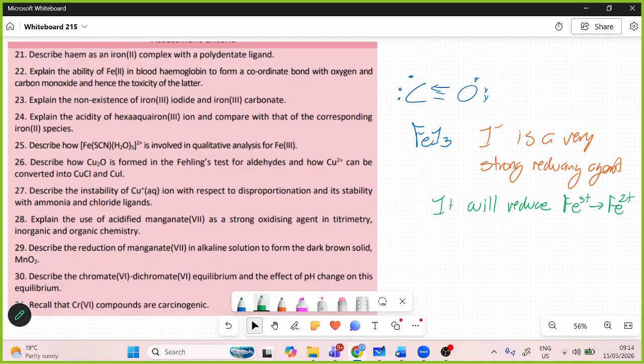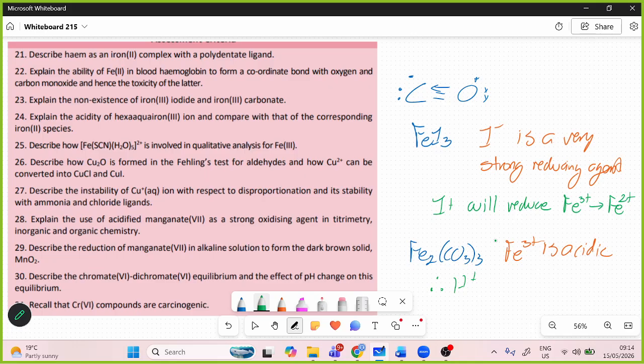Then, iron(III) carbonate is slightly different. It has to do with the fact that Fe3+ is acidic, in the same way that Al3+ is acidic. It has a high charge density.